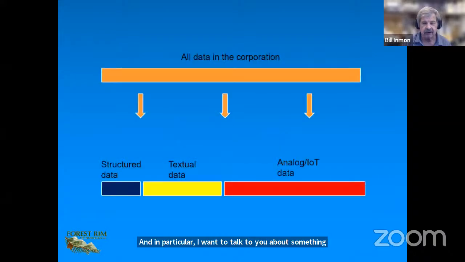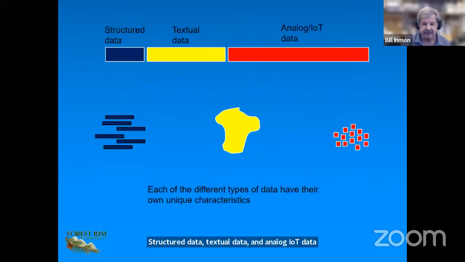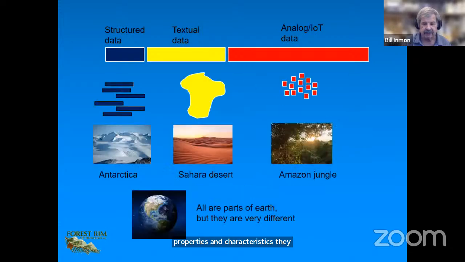So if you go into the corporation today, what you typically find are three basic types of data: structured data, textual data, and analog IoT data. Now, these three types of data are very different from each other. They are all data, but in terms of having properties and characteristics, they are very different from each other.